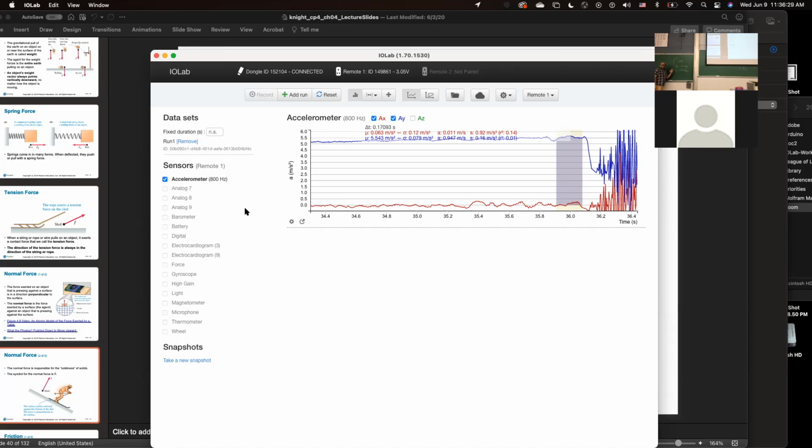So that's the force that this thing was experiencing while it was sitting on here. If it's flat, then the normal force is m times g, but it wasn't flat, so that's going to tell us what the normal force is at an angle. All right, so I can calculate this.